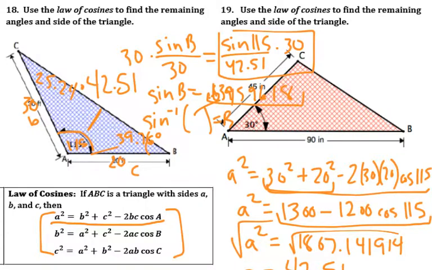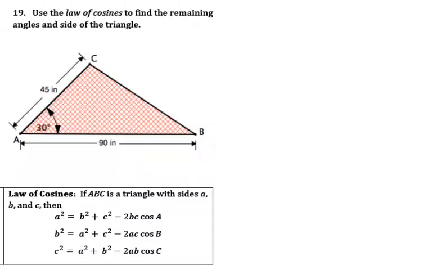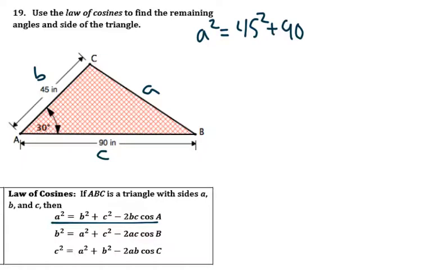Alright, let's take a look at number 19 now. So once again, we're going to find that side A, because there's C, there's B, so we're using the top one. So A squared equals 45 squared plus 90 squared minus 2 times 45 times 90 times the cosine of 30.